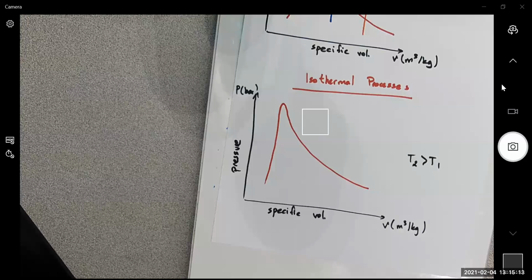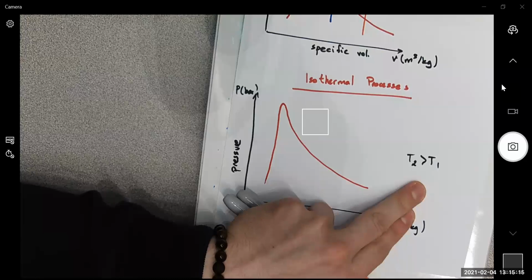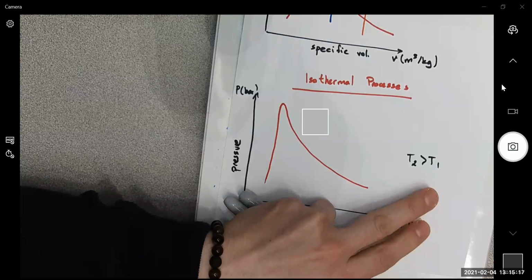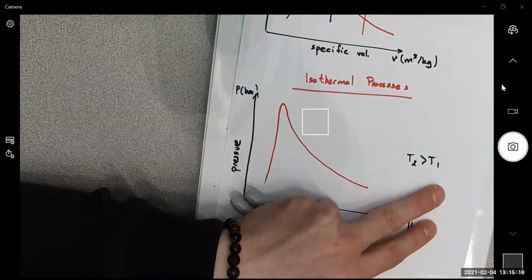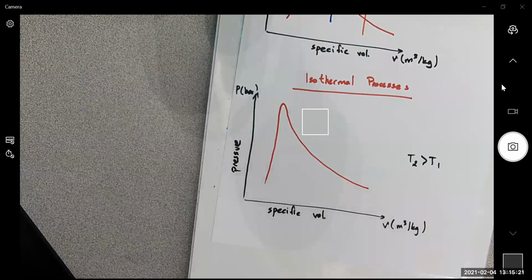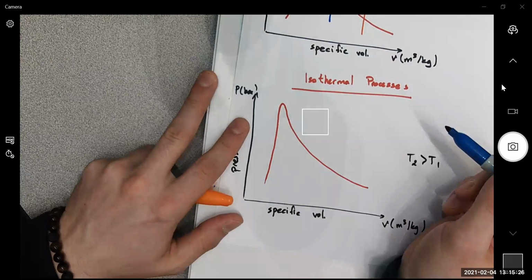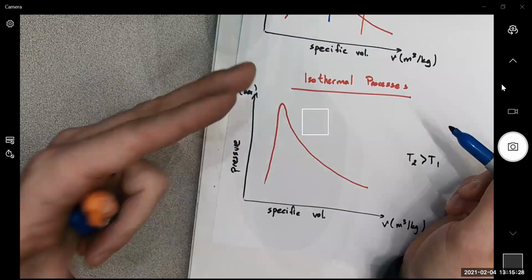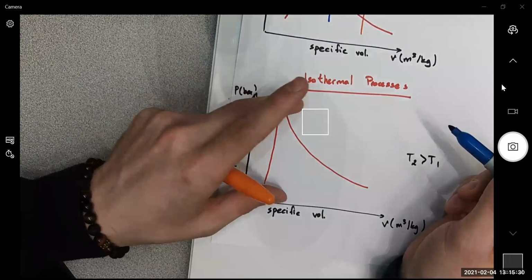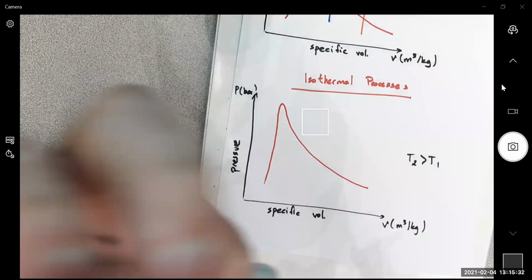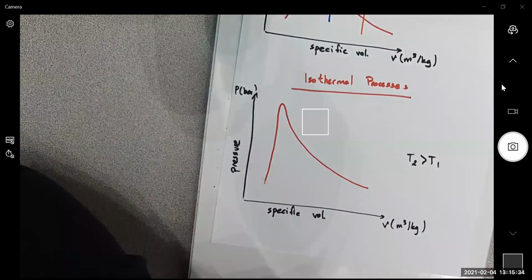So I have T2 and T1, they're both constant, and T2 is higher than T1. On a PV diagram, these diagrams are 3D in real life.